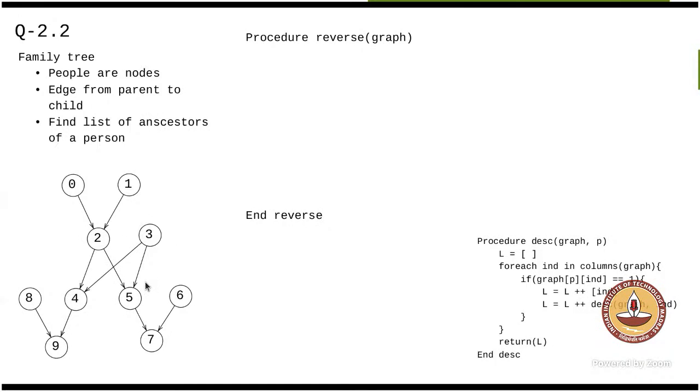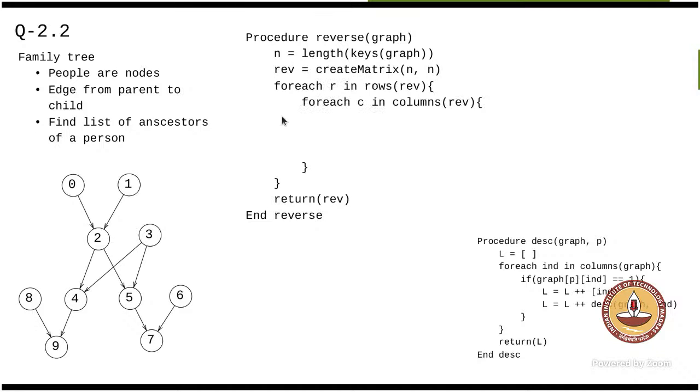We will check in the original matrix if ij equal to 1, then in the second matrix we assign ji to 1. Correct. So you take the length of keys of graph, and you create a new n by n matrix, and go through each row and column. It doesn't matter whether you go through graph or reverse.